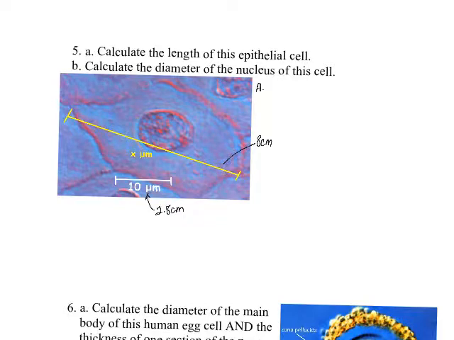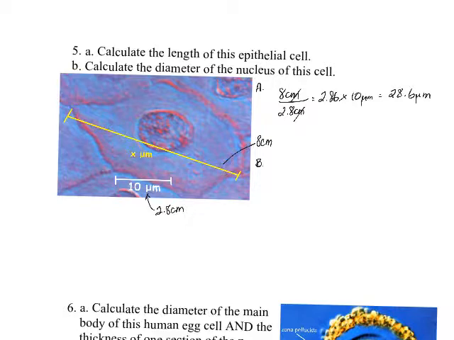Okay, so when you're calculating this, it's actually pretty easy. It's just 8 centimeters divided by 2.8 centimeters, which equals 2.86. Notice the centimeters cancel out, times 10 micrometers, which equals 28.6 micrometers. Okay, so that's the actual length of the epithelial cell.